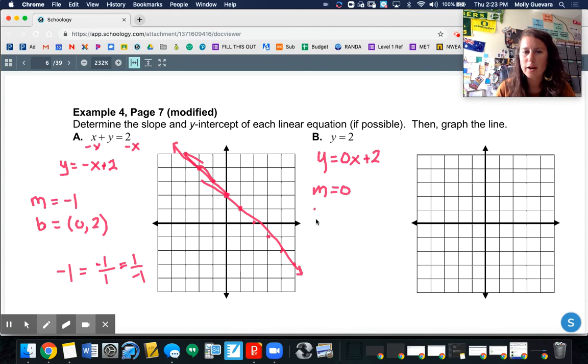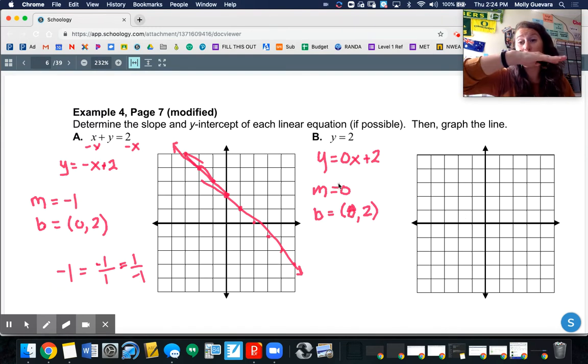And then my y-intercept is the point, it's always 0, oh gosh, sorry, 0, comma 2. Remember what happens when you have a slope of 0? It is a horizontal line, okay? So that means that here's my y-intercept, and then it's just going to be a horizontal line at 2.